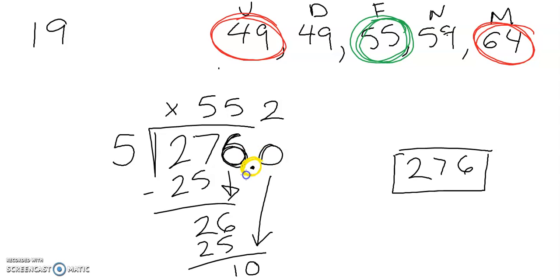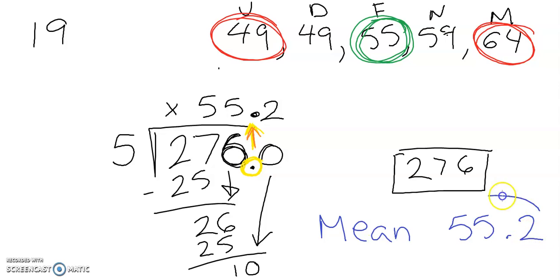Because I added the decimal point, it's going to pop up like a rubber ducky in the bathtub water. It's going to be right there. So the answer for the mean or the average of part C of 19 is going to be 55.2. That is going to be your answer for C.